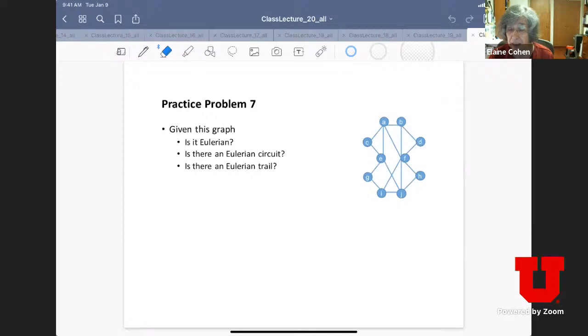Aha. Could I modify the graph to make it Eulerian? How would I do that?